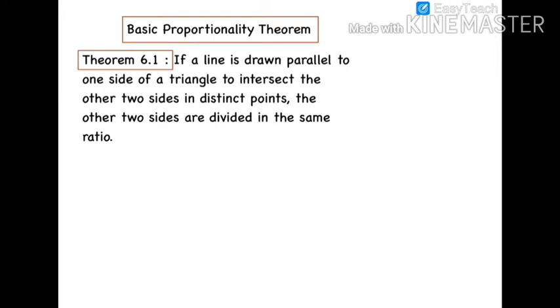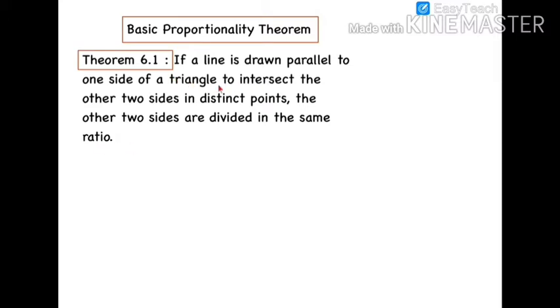The first step is to identify what is given in the statement and what is to be proved. If a line is drawn parallel to one side of a triangle to intersect other two sides in distinct points, then that means this first part of the sentence tells us what is given to us, and what comes after then in the statement is to be proved.